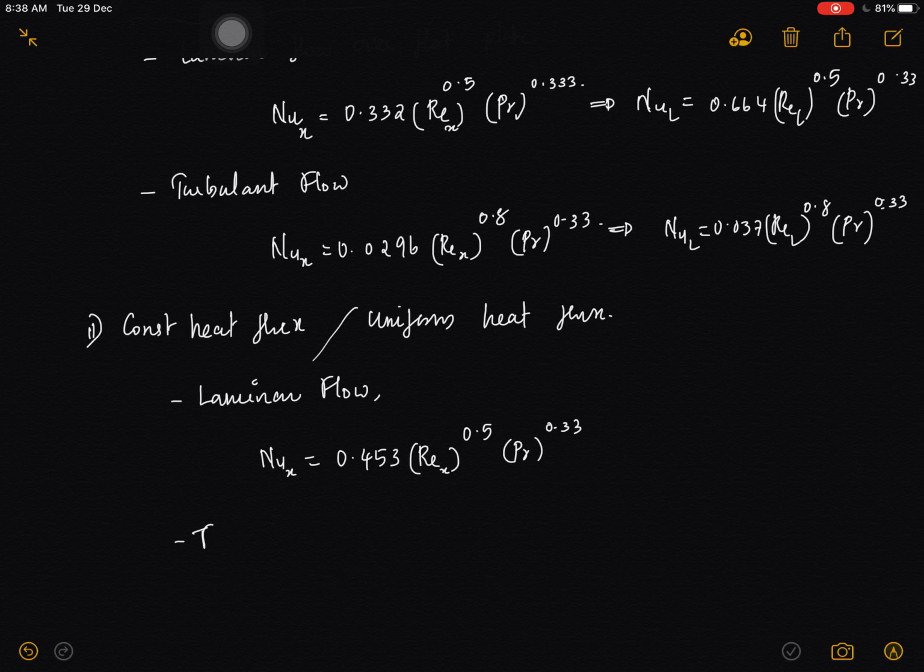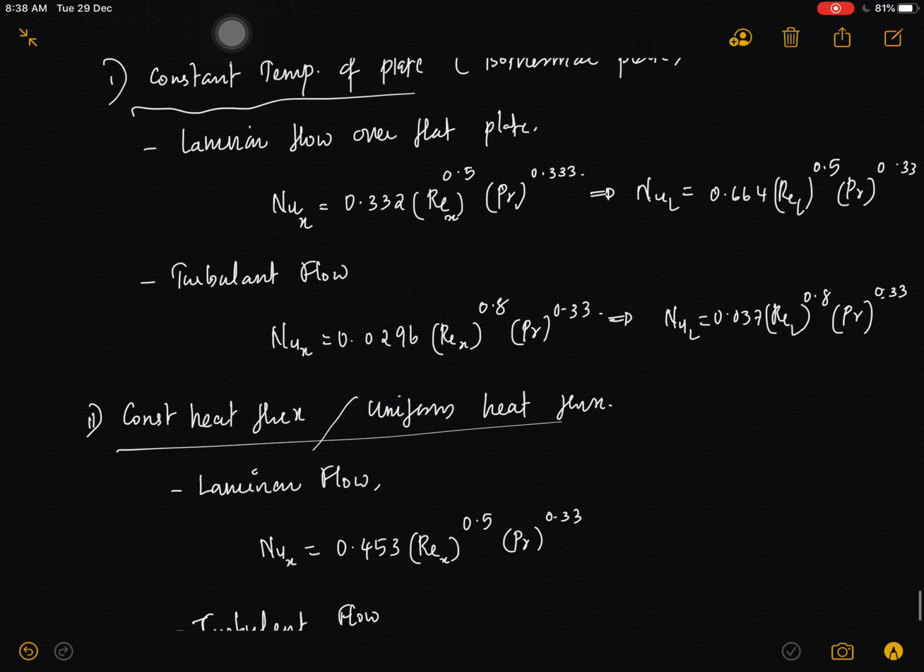And if we are provided with some turbulent flow, then this Nux will be equal to 0.0308 into Reynolds number raised to 0.8 into Prandtl number raised to 0.33.